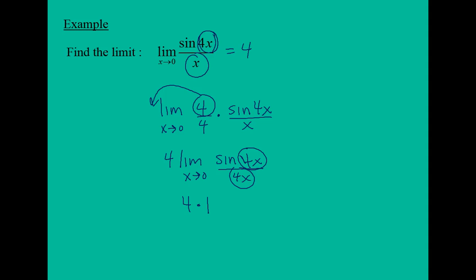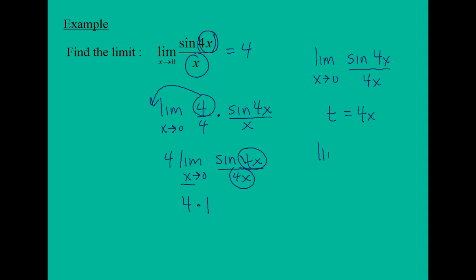Now, if you're concerned that this isn't saying 4x goes to 0, if I have the limit of the sine of 4x divided by 4x as x goes to 0, I'm going to make the substitution. I'm going to say let t equal 4x.